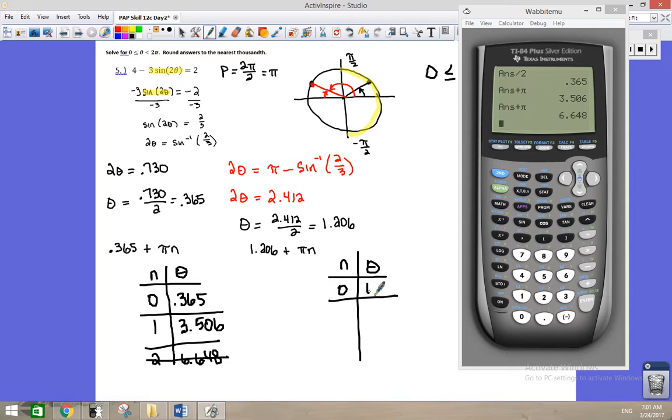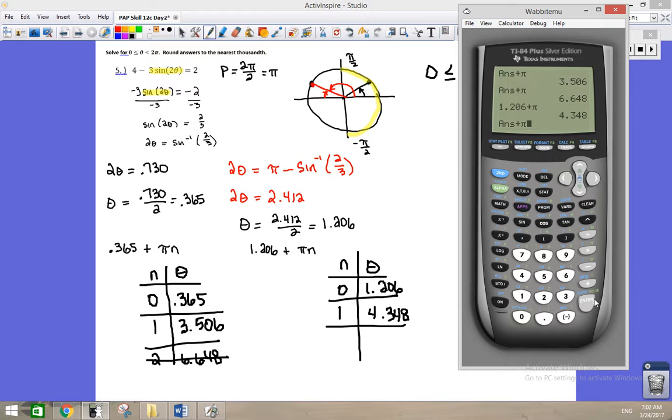Over here for this equation, we've got 1.206. When n is 1, we've got 1.206 plus pi, 4.348. But if I add another pi, it's going to be too big.